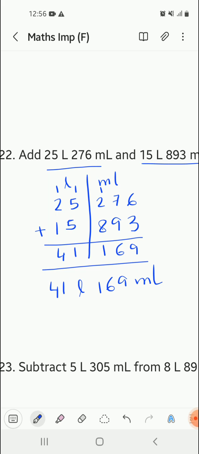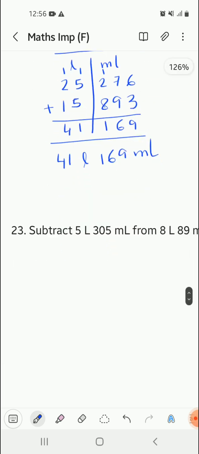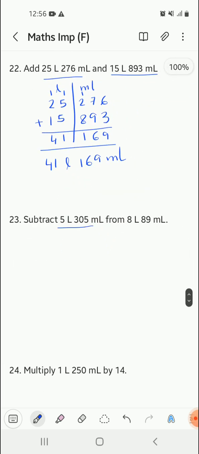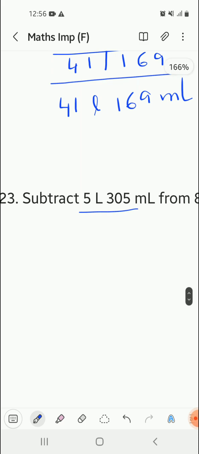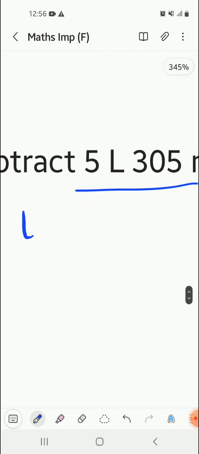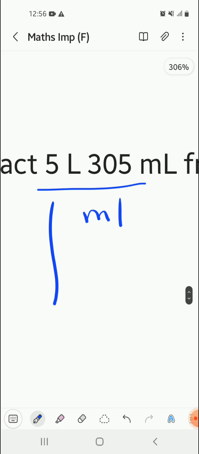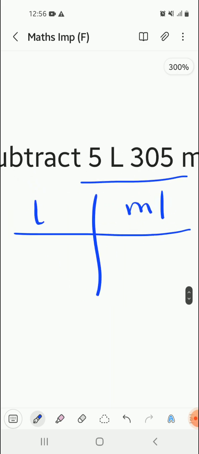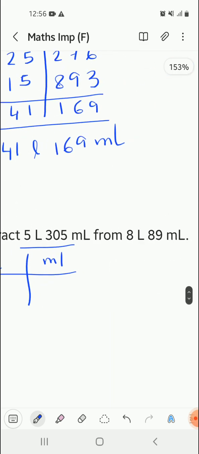Moving on to the next question. We have to subtract 5 liter 305 ml from 8 liter 89 ml. Okay, so for this we have to subtract. So first liter here, we'll draw a line, ml this side.